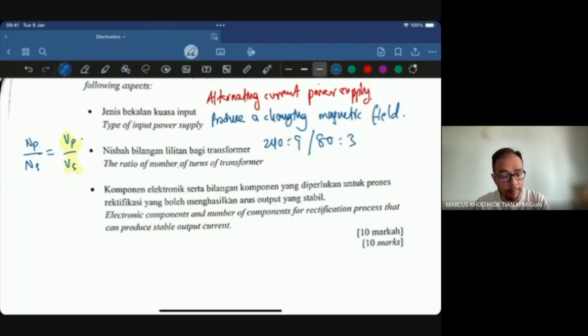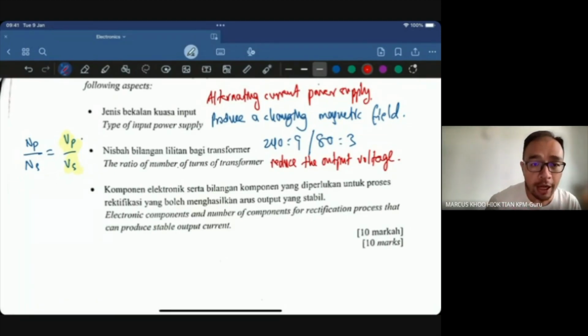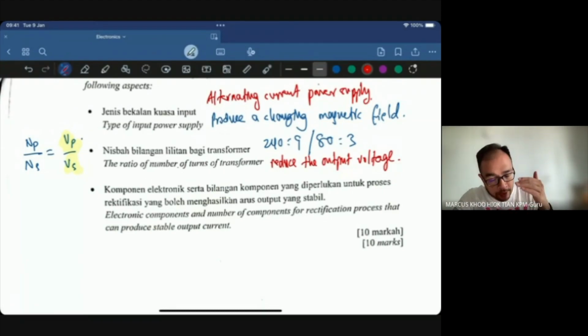And we get this from the primary voltage over the secondary voltage. The reason for this is to reduce the output voltage, to step down the output voltage.